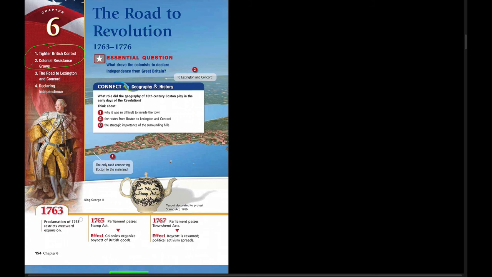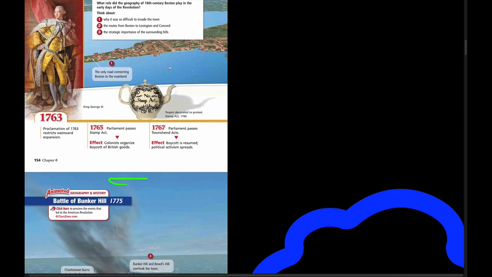Starting in 1763, Britain declared a proclamation and said that colonists could not settle in lands past the Appalachian Mountains, so it restricted westward expansion. There began some restraints, control from Parliament, who's in Britain, on the colonists.